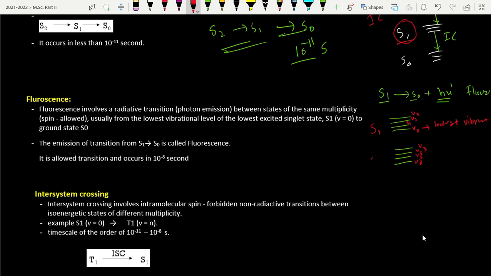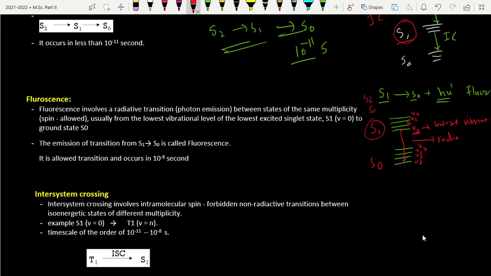This is S0. So fluorescence occurs when the electron goes from the lowest vibrational energy level of the lowest excited state. There are many excited states, S1, S2, S3, and among these, S1 is the lowest excited state, and it has the lowest vibrational energy level. So this transition is known as fluorescence, and this is a radiative process.